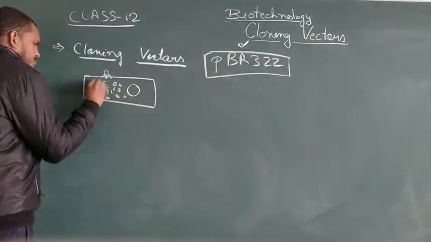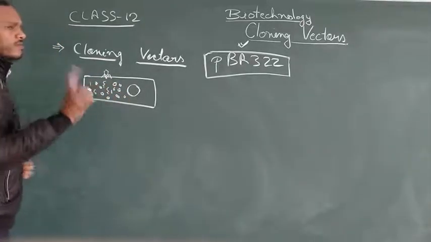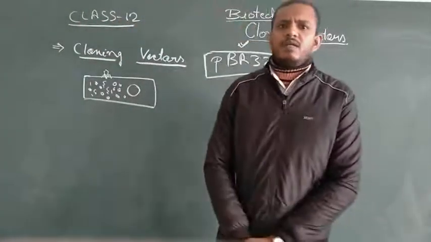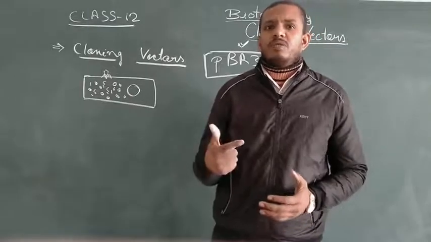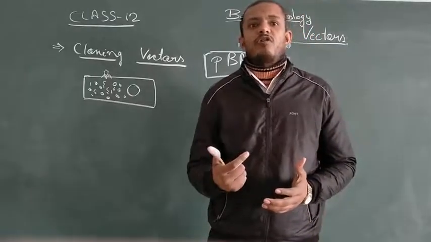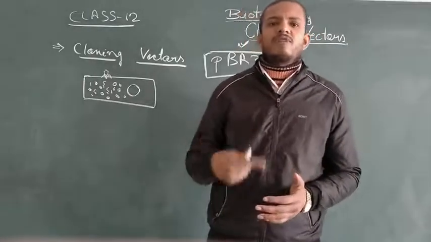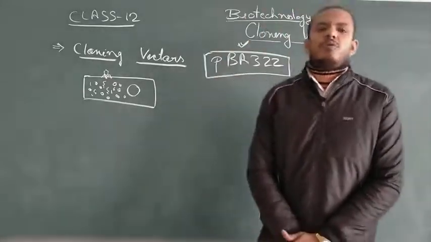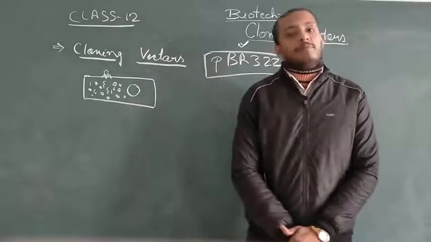One more thing, the copy number that we use to say is actually the copy number of the clone, that plasmid, the extra chromosomal material that is formed inside a host cell. So cell to cell the copy number varies.